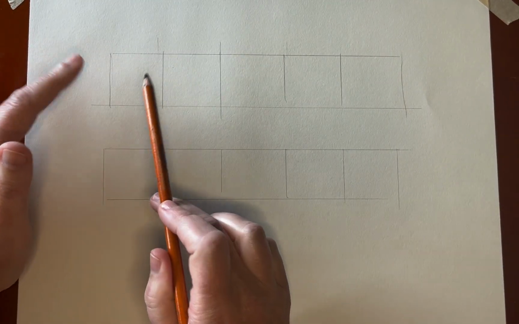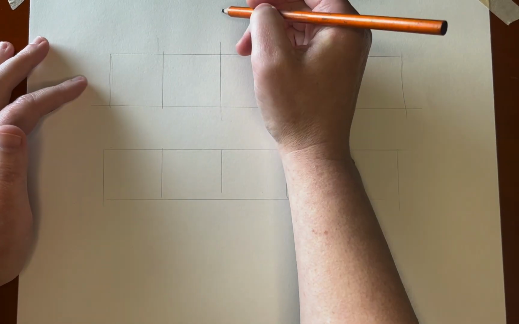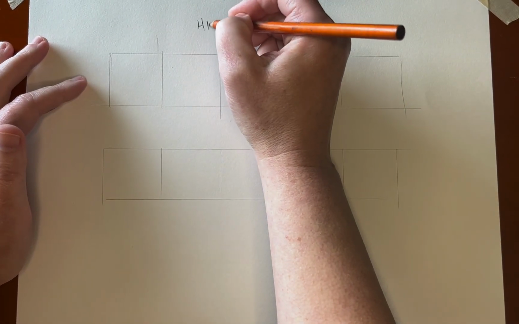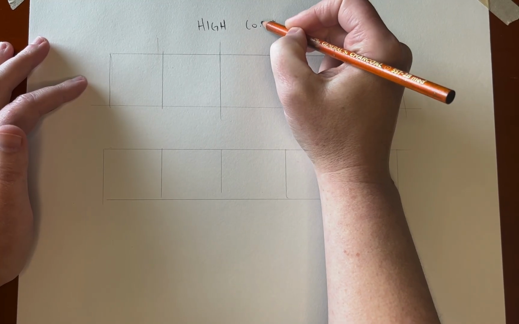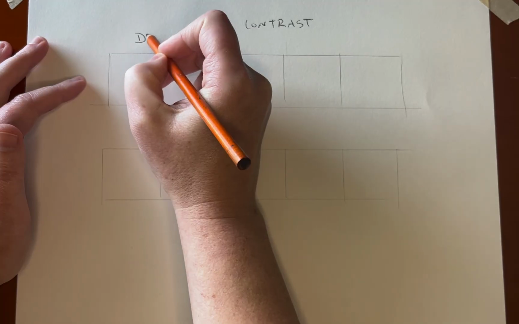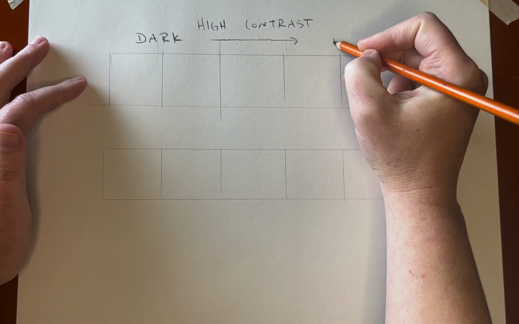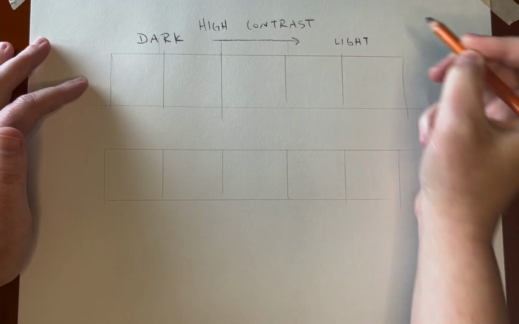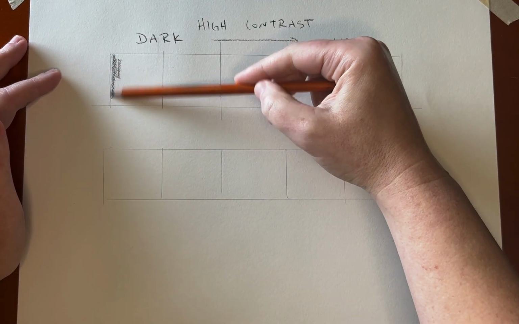Now one side's gonna be the darkest and one side's gonna be the lightest. So this first one I'm gonna do high contrast. And we're going dark to light. So this is going to help us in our drawing, finding our darkest darks and our lightest lights.